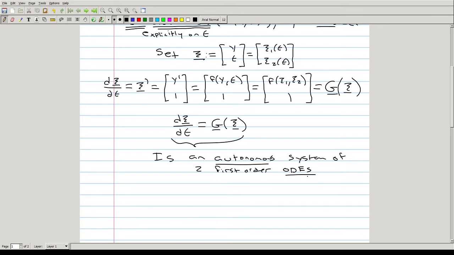So even if you have a non-autonomous equation, by adding a first-order differential equation, you can express that as an autonomous system of first-order ODEs. And we're going to see this applied in depth when we deal with more complicated non-autonomous systems of ordinary differential equations. This idea can be extended directly to systems, which is very cool. But even for a first-order ODE, we can express a non-autonomous first-order ODE as a system of two first-order autonomous ODEs.